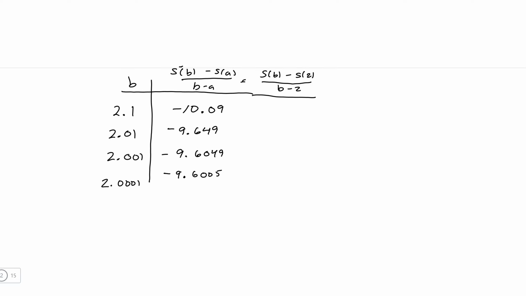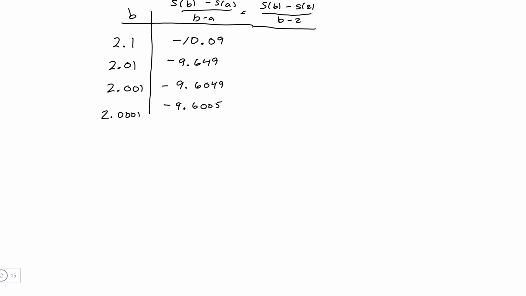Just to make sure we understand what's happening here, when I look at S of b minus S of 2 over b minus 2, I'm plugging in 2.1. So this is S of 2.1 minus S of 2 over 2.1 minus 2. Then we plug those values in.